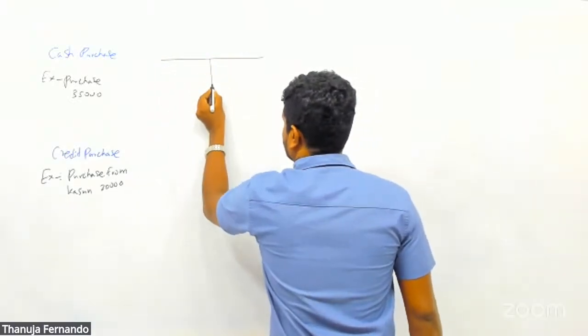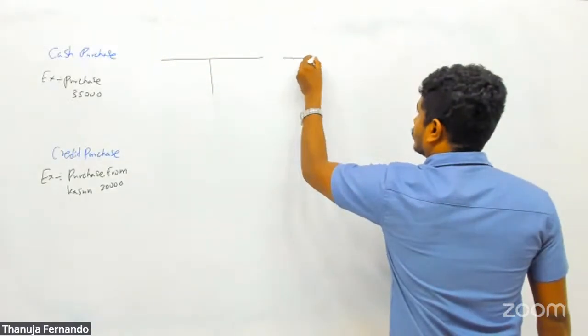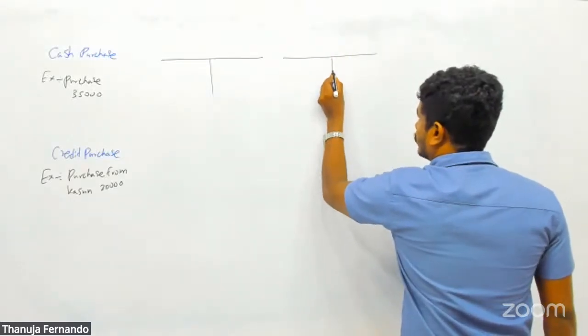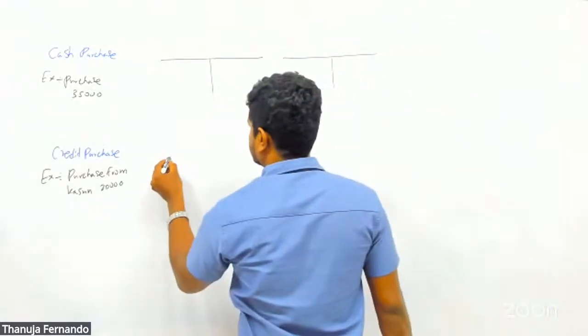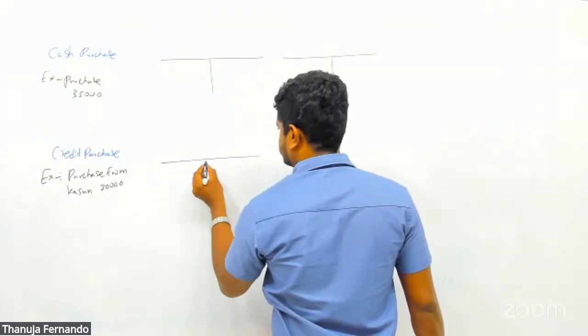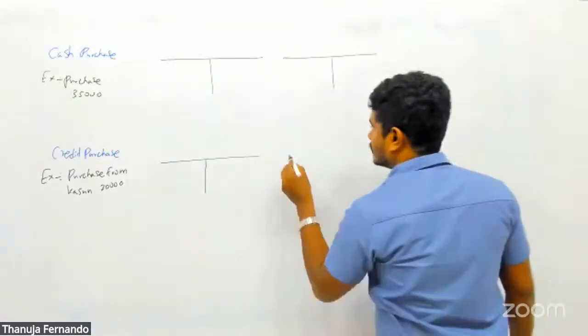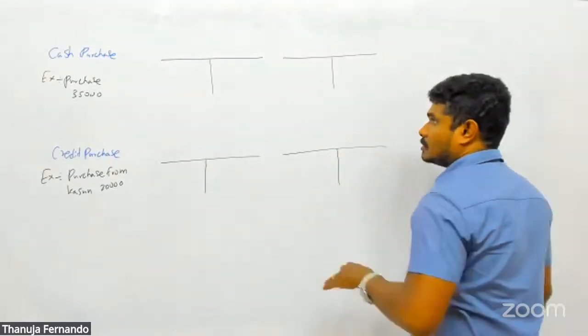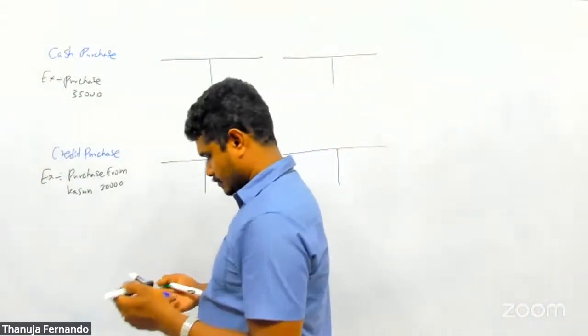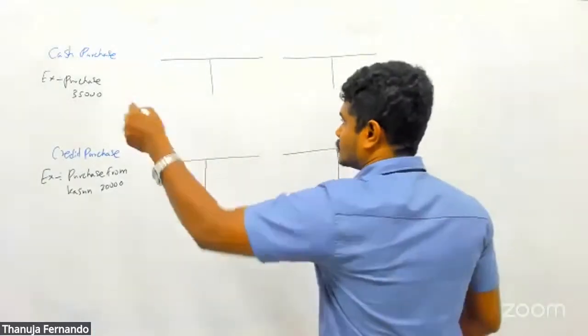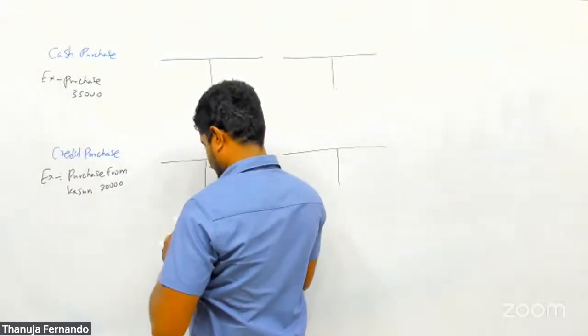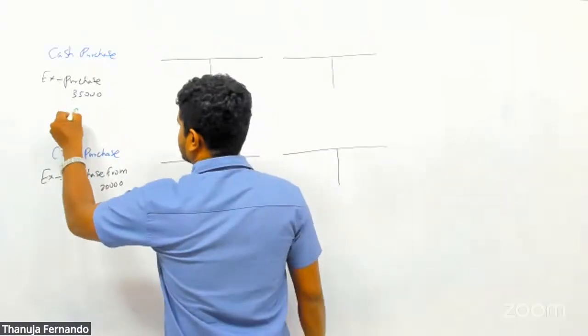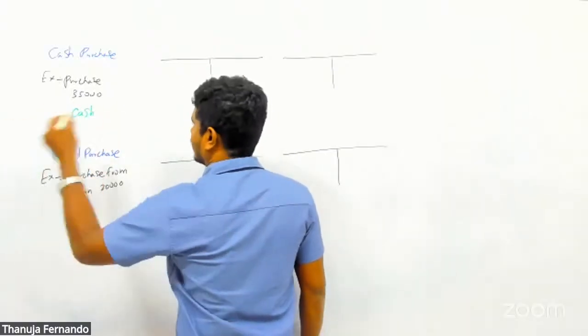So we already know the dual impact. What is the dual impact here? So when we pay cash, cash in the business decreasing.